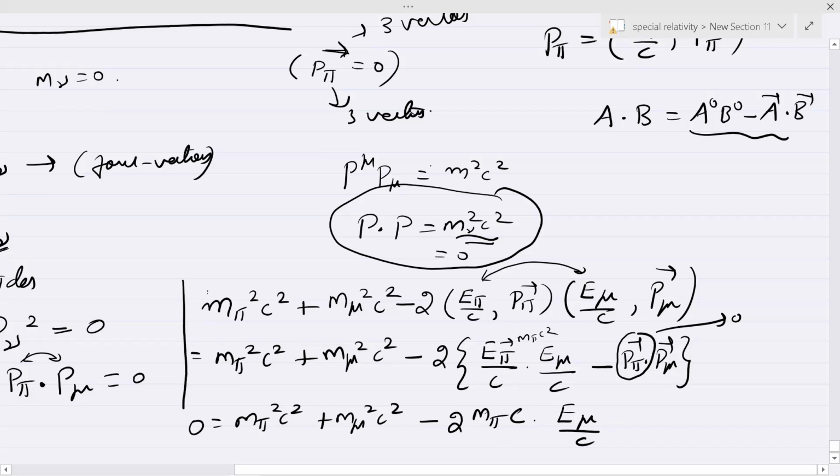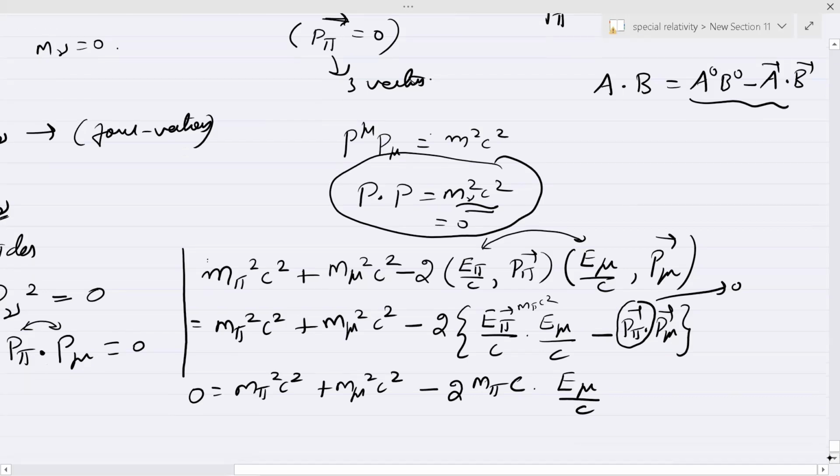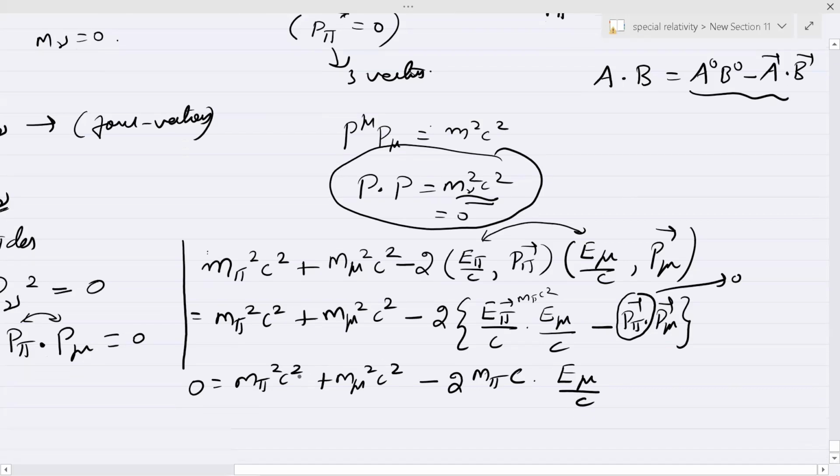That's equal to 0 because on the right hand side we had 0. Do you follow this? Got it? Yes. Now this is easy. Now you just solve for e mu. I think I did it correctly. All right. So if you solve for e mu, you see that 2 e mu.